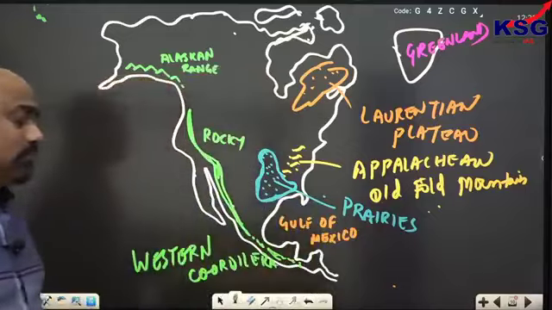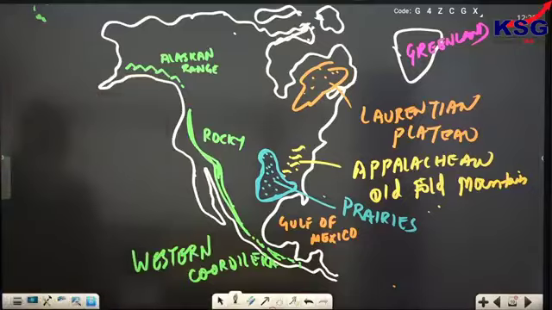Prairies, the breadbasket of the world. Prairie region, the breadbasket of the world, located in this part.